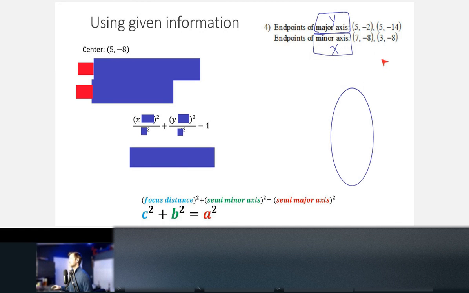Also, we could do the midpoint of the major or minor to get the center, but based on the fact that these are the 4 vertices of our ellipse, I'm giving you this vertice, this vertice, this vertice, and this vertice. So, where they intersect, that is the center.